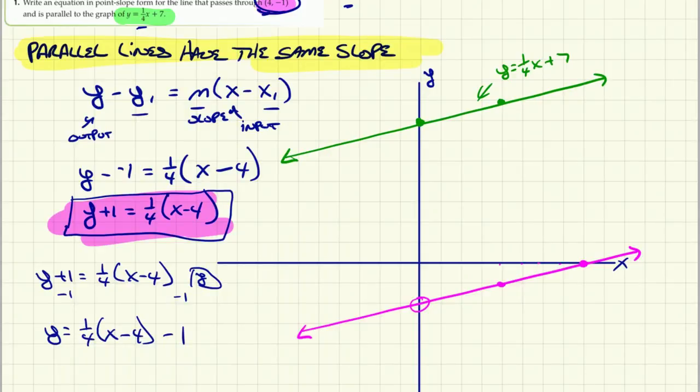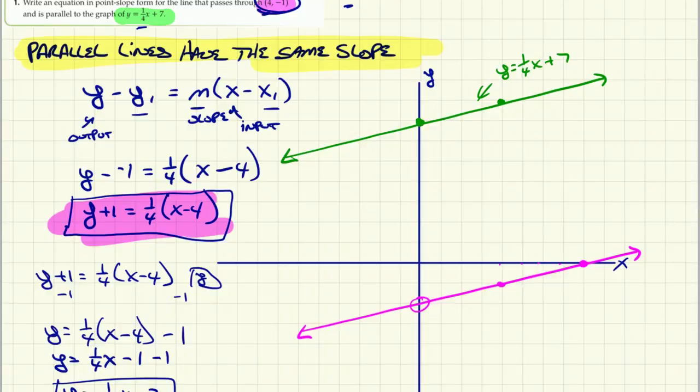So y is equal to 1/4 x. 1/4 times -4 is -1, and then we have another -1 from the left side of the equation. So our final equation is y = 1/4 x - 2.